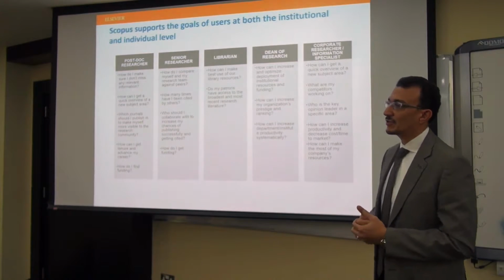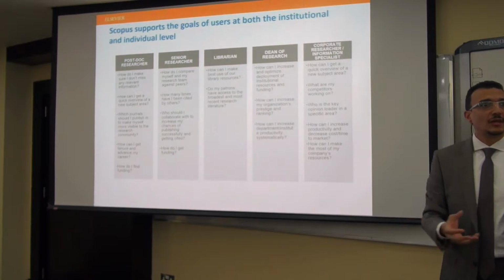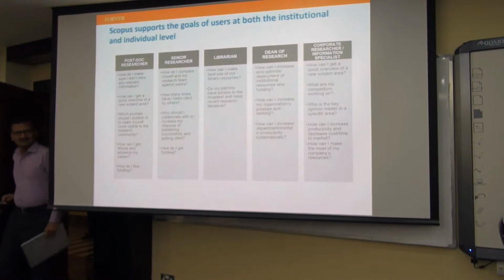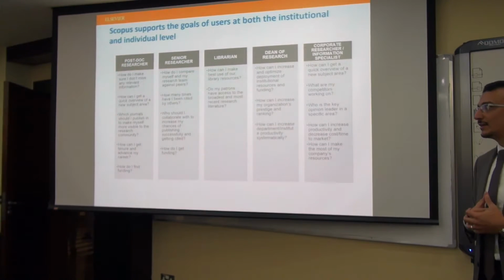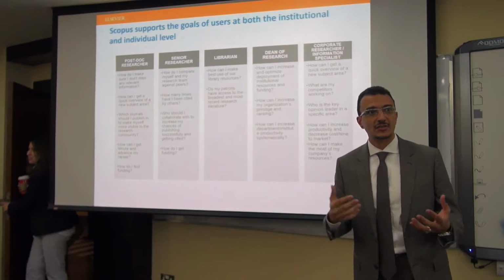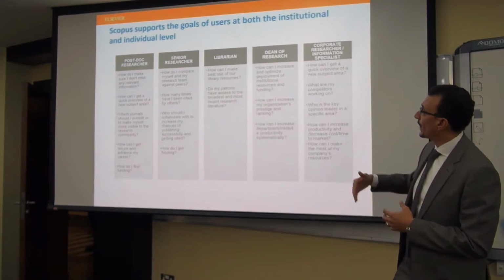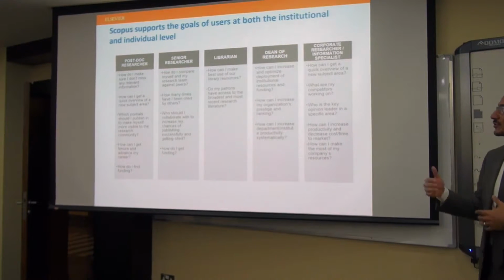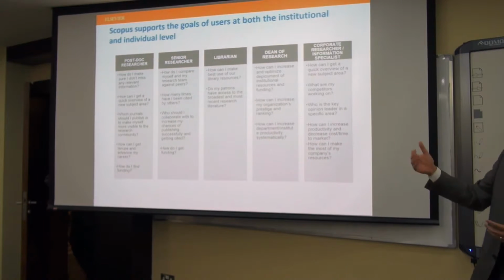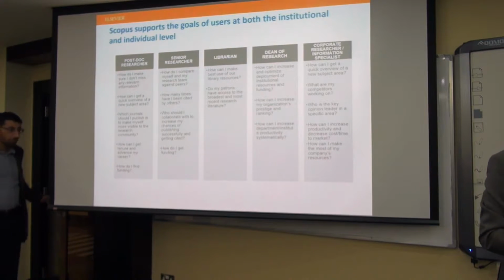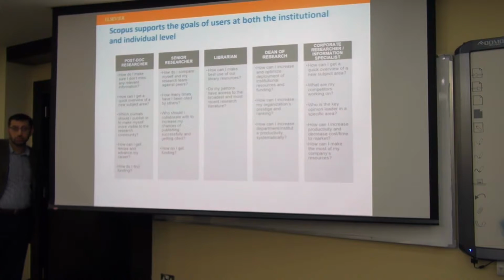Librarians want to make sure they're using the best resources and use Scopus to get the documents and the document delivery, or if you have full text databases like Science Direct, for example. I know that you have Science Direct, so you have access to it. The Dean of Research asks: how can I optimize the deployment of institutional resources and funding? How can I increase my organization's prestige and ranking? All these things Scopus can help us with.